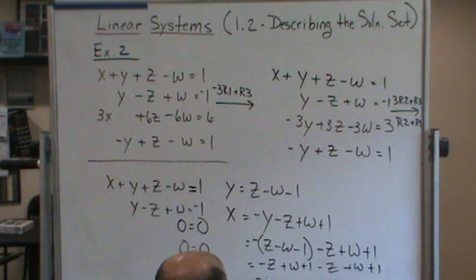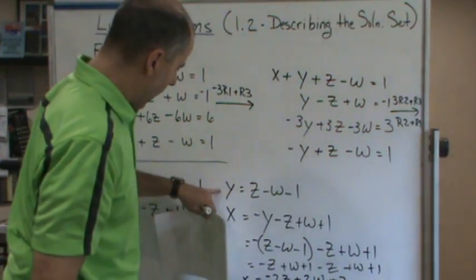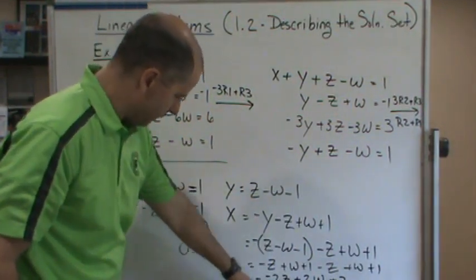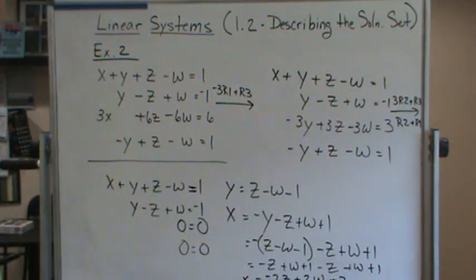Well, we get negative 2z plus 2w plus 2 is equal to x. And so now, y is equal to this, x is equal to this, and then z and w are free to be any real number.